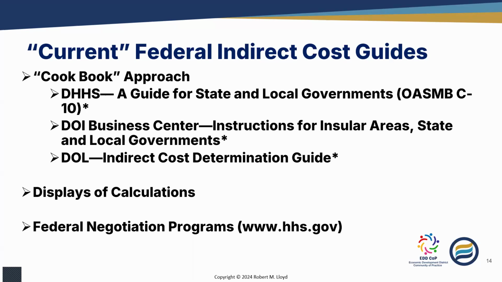So this is a dilemma that certainly some of you have encountered already. A third guide that I find to be quite helpful because it's got so many examples that are well positioned and useful is the Department of Labor's Indirect Cost Determination Guide.